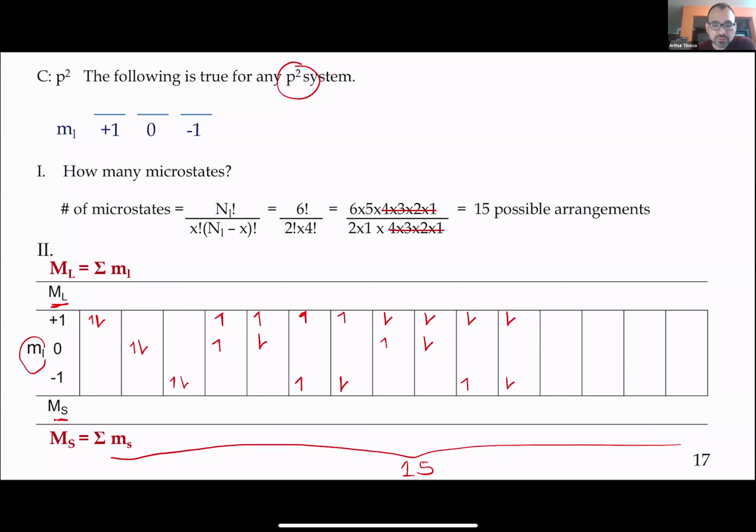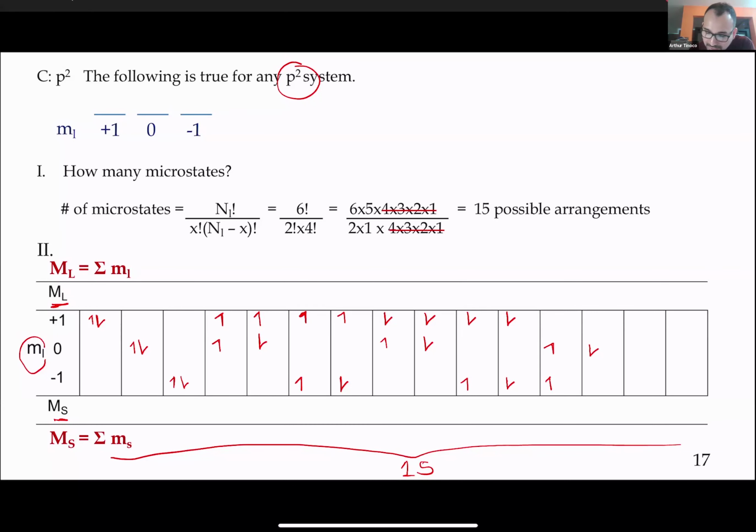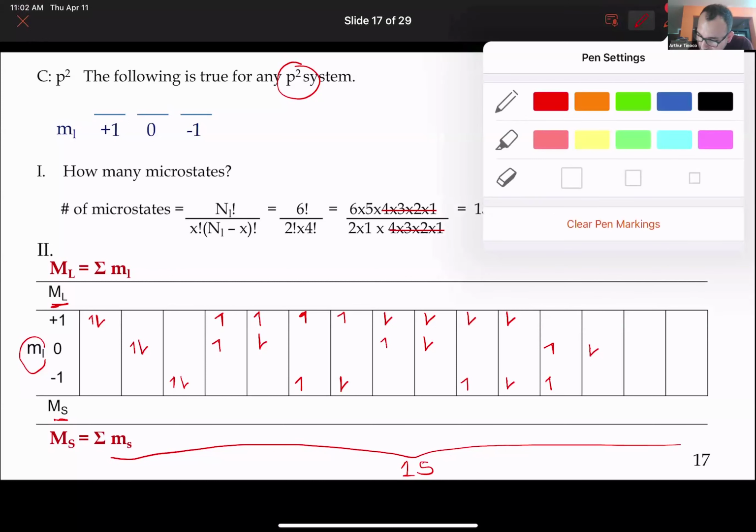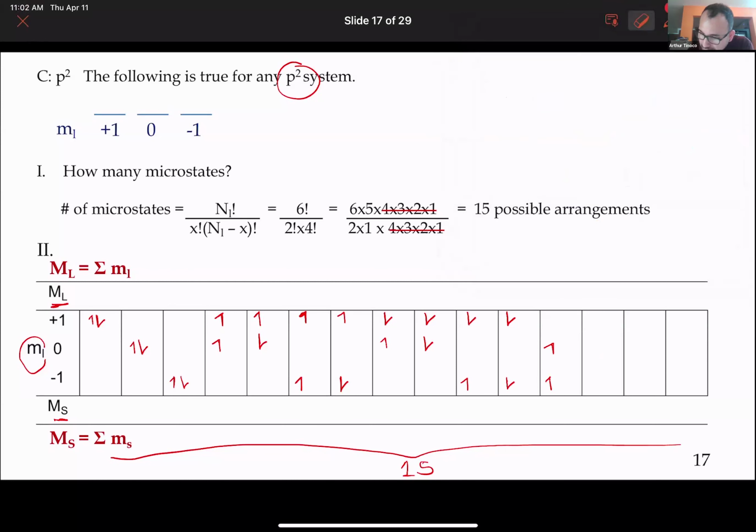That's what's left. Okay, so let's do that. So now we're going to move down to the 0. Well, let's do the same approach. That's going to be paired up, and then the other electron in the -1 paired up. Oh, excuse me, that's not what I meant to do. Okay, let me correct myself.